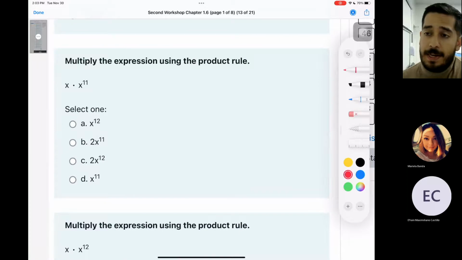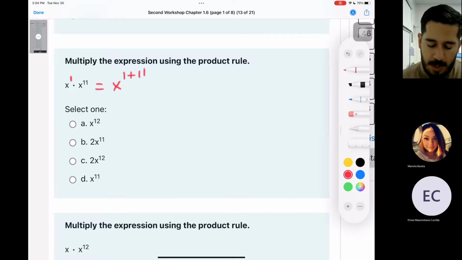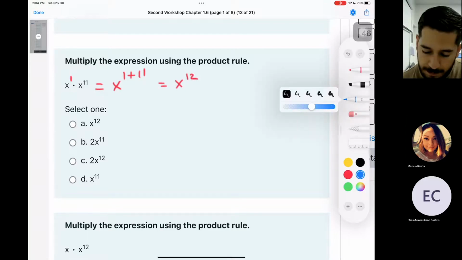Again, we have another multiplication of variables. The first exponent that I have there is a 1. So 1 is an exponent. I have an 11 on the second variable. What this means is that the base is going to remain the same, the big letter, and then I have to add those two exponents. So the result of this multiplication will be x to the power of 12.